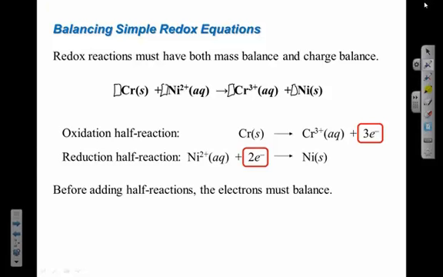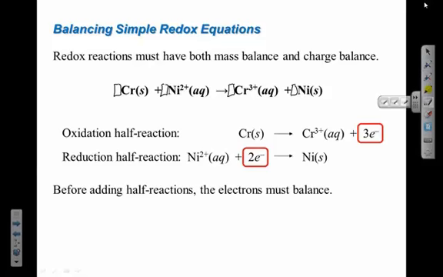If I wanted to do a reaction between chromium metal and nickel ions, I need to know how much of that to put in if I'm going to set that reaction up. So if I'm working with specific quantities, I need a balanced reaction first.